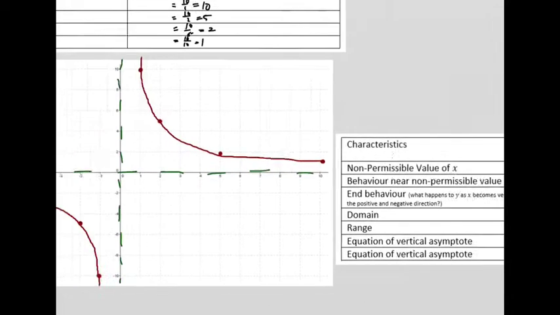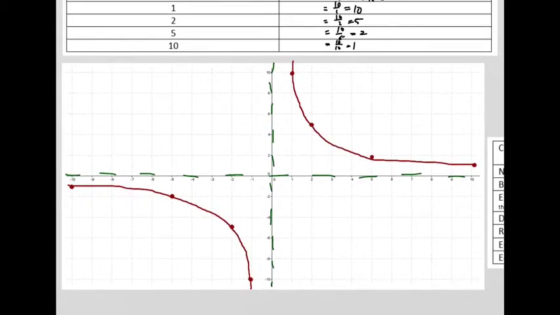Your book will also ask you about end behavior. End behavior basically means if you're looking at your graph and you're thinking about what happens as I go forever to the right and forever to the left, as x becomes really, really large in either direction, what is the graph doing? Can you imagine it? Getting smaller.